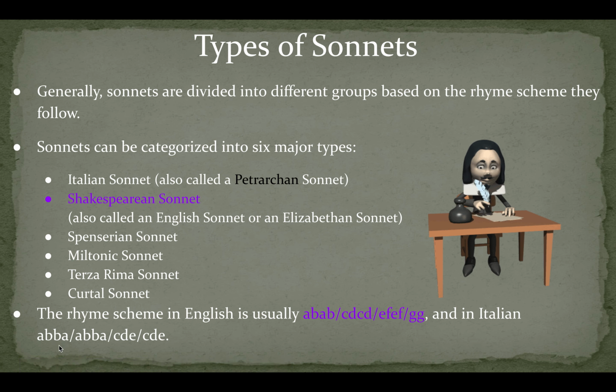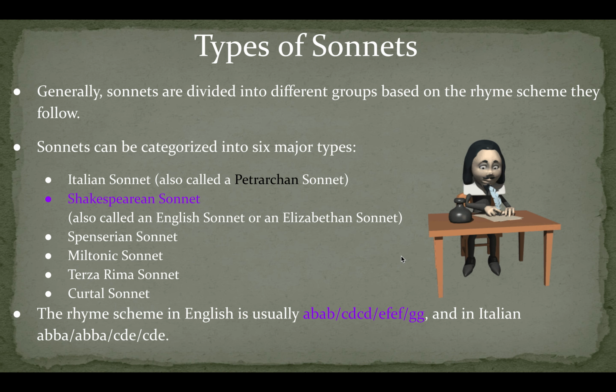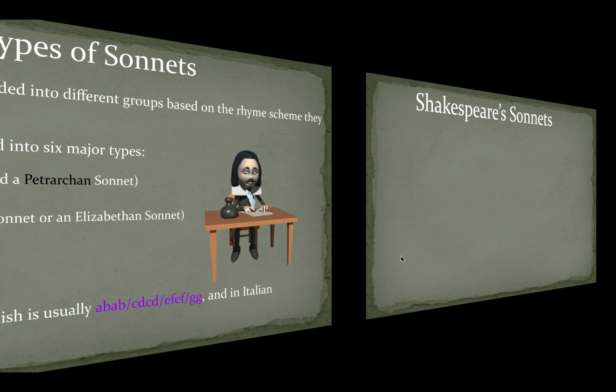We say ABBA / ABBA / CDE / CDE. But this is the one we're really going to be focusing on. And this is the one, by the way, you should probably put in your notes. And remember, this is the rhyme scheme for the Shakespearean sonnet. And there he is, once again, writing some sonnets.